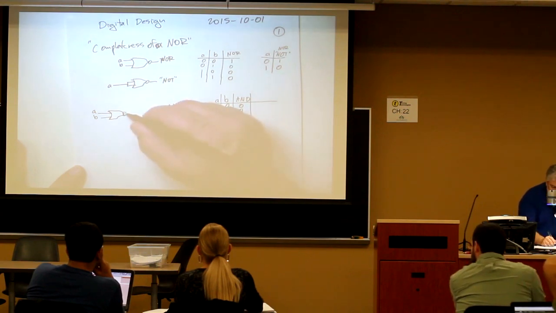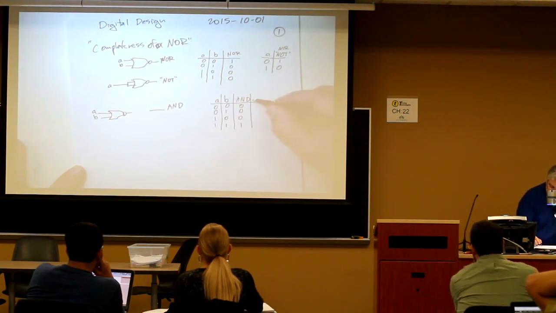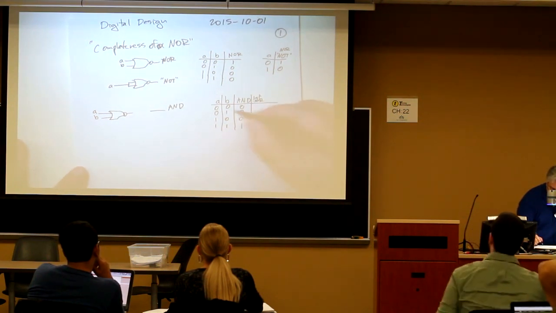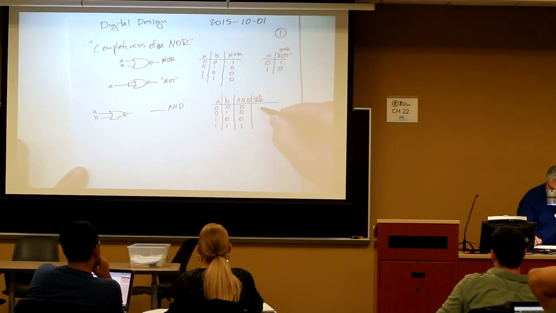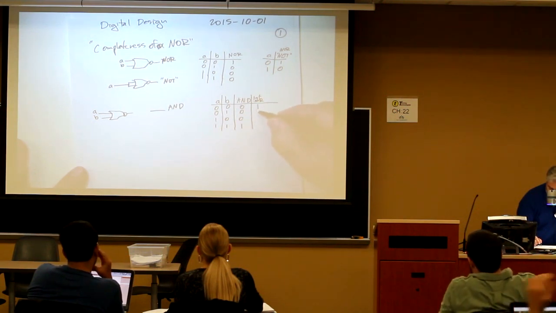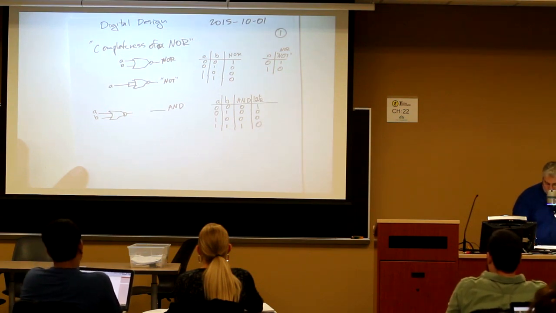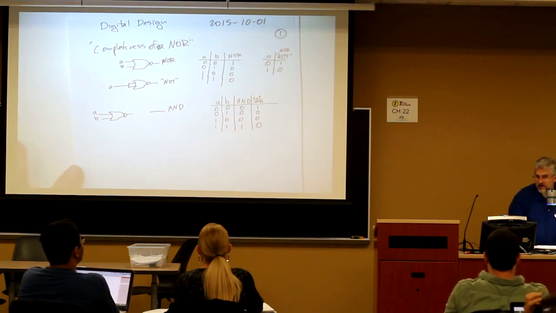So through the first NOR gate, we get what value? We get 1, 0, 0, 0, right? You agree with that?